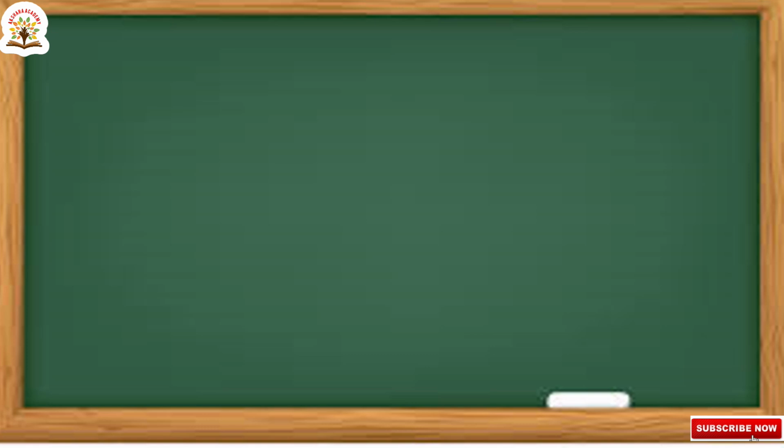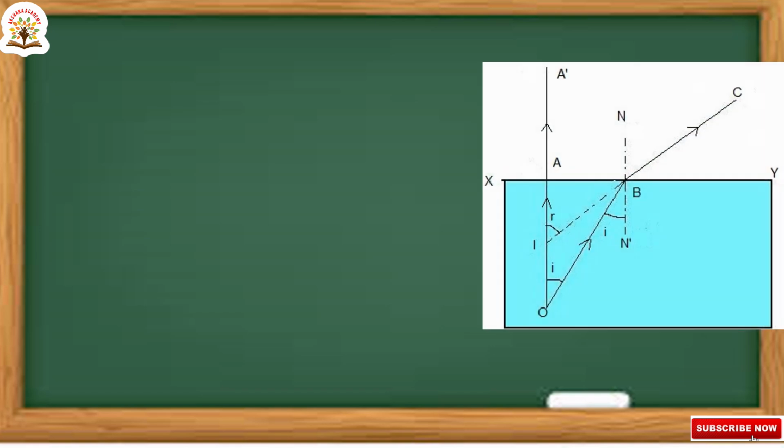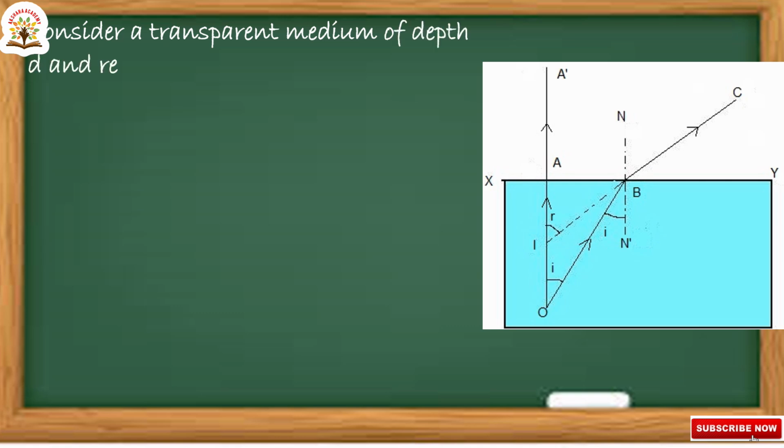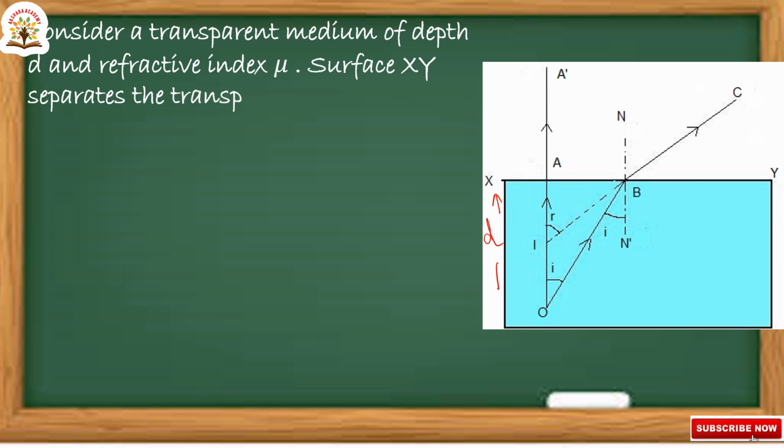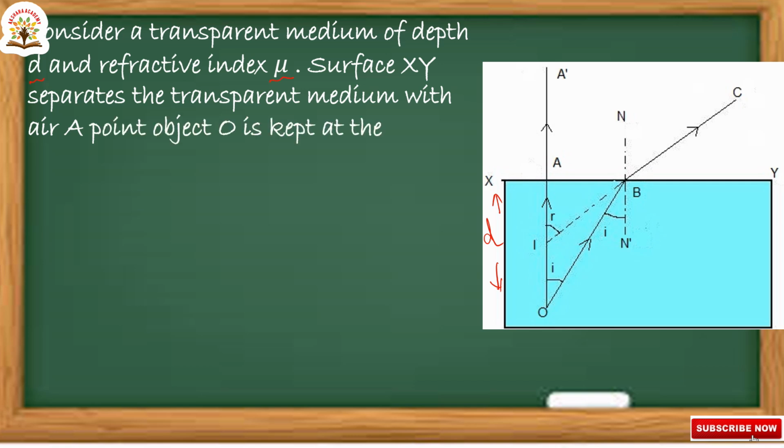This is the diagram showing the transparent medium of depth D, and we are taking a surface XY. This surface XY separates two media, air medium and glass medium, and the depth of this transparent medium is D. Consider a transparent medium of depth D and refractive index mu.